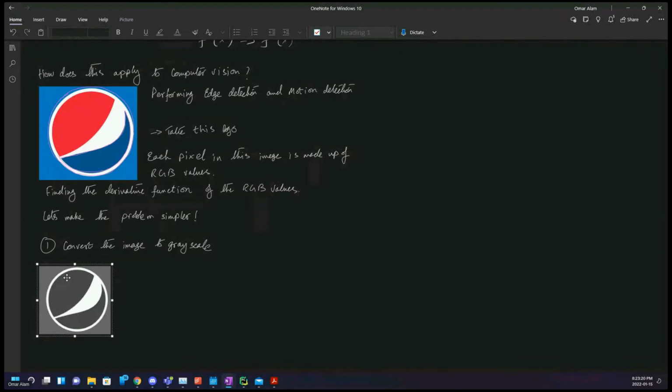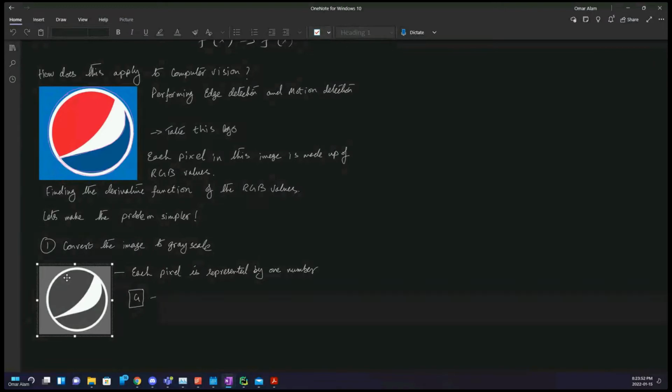And what's the difference between RGB and grayscale now? Instead of three different values, RGB, each pixel in grayscale is represented by just one number. That would be the G value, which doesn't stand for green in this case.